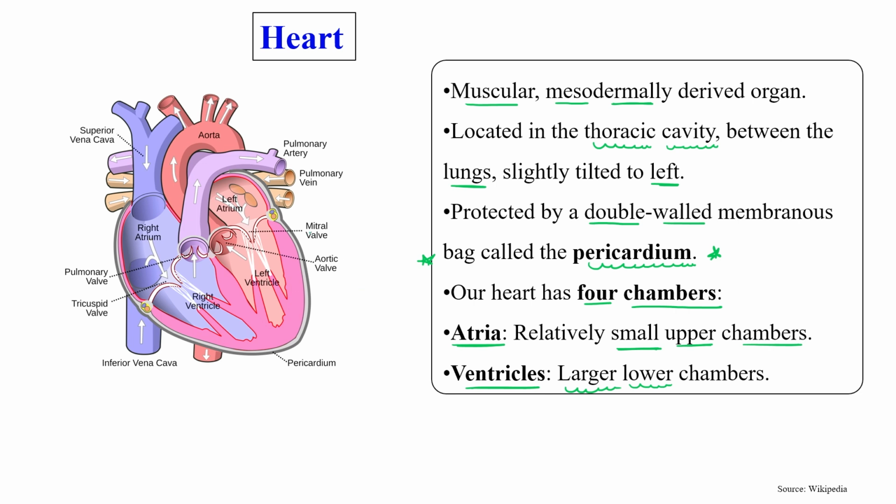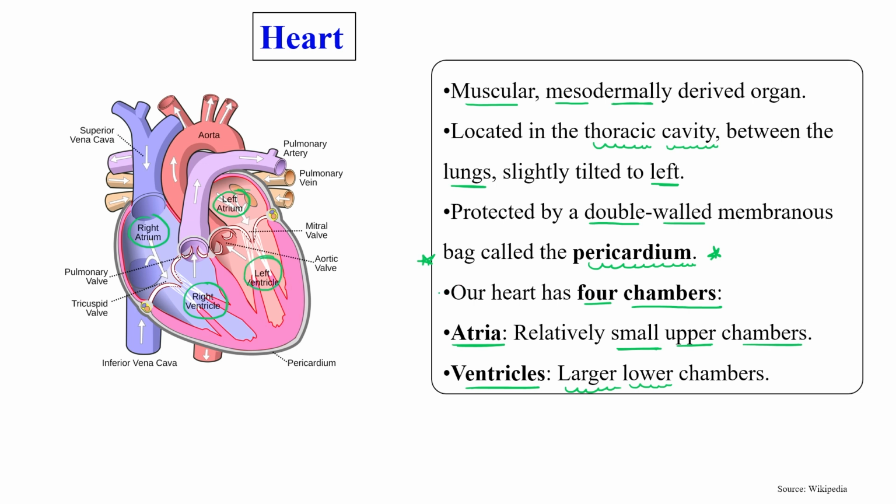As you can see in this picture, these two are the right atrium and left atrium. These are comparatively smaller than the ventricles. This one is the right and this is the left ventricle.